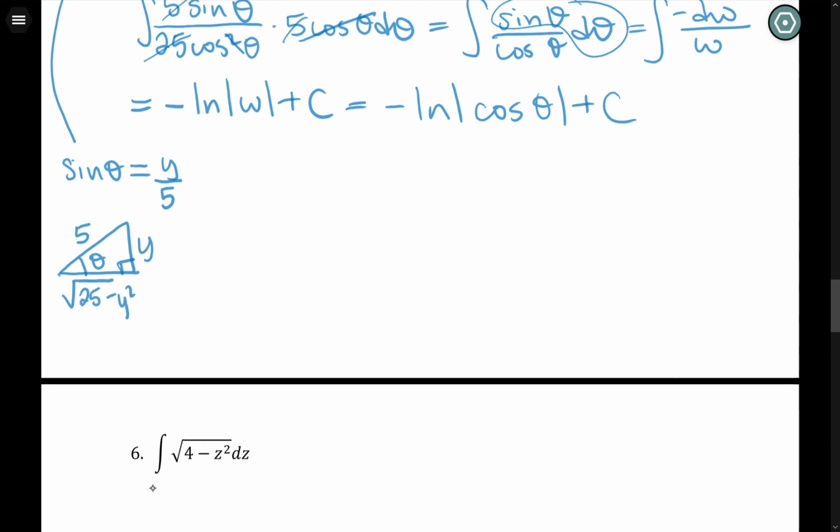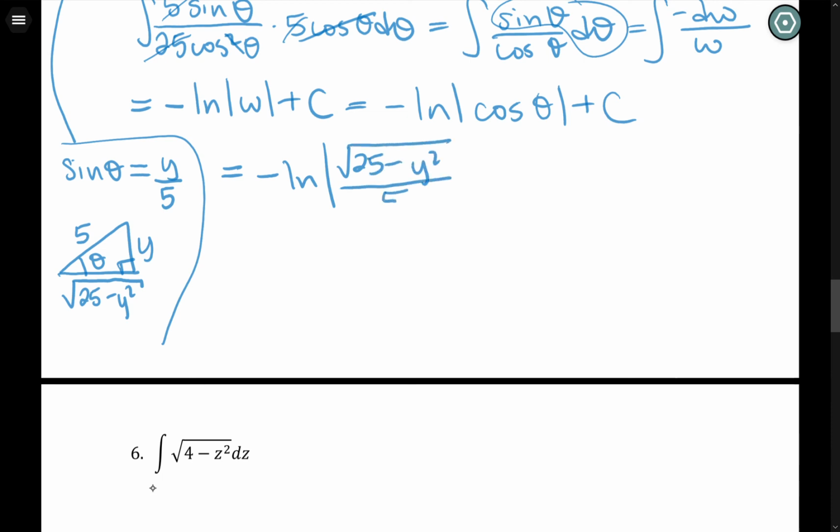Again, that's always just that Pythagorean theorem, a squared plus b squared equals c squared. Okay, so replacing cosine theta using the triangle, we get, what do we get? Adjacent over hypotenuse, so we have a square root of 25 minus y squared over 5.